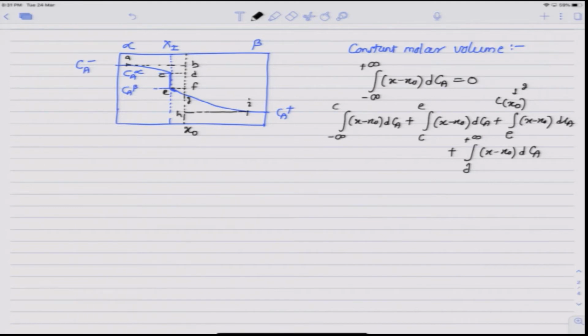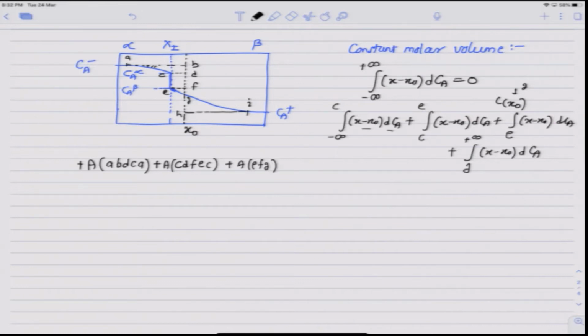If you look at these integrals, the first integral, minus infinity to C, is this area A, B, D, C, and the sign would be positive, because x minus x naught is negative and dCA is negative as CA is decreasing. The integral from C to E would be this area C, D, F, E, again with a positive sign, and the integral E to G is this small area E, F, G with a positive sign.